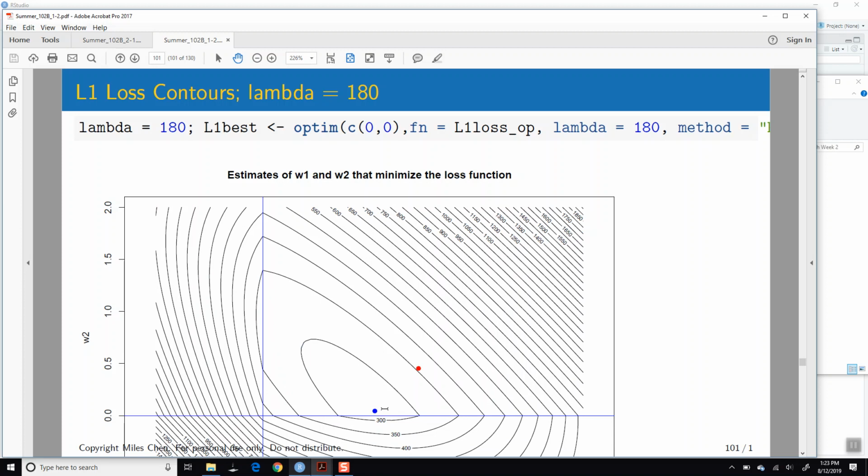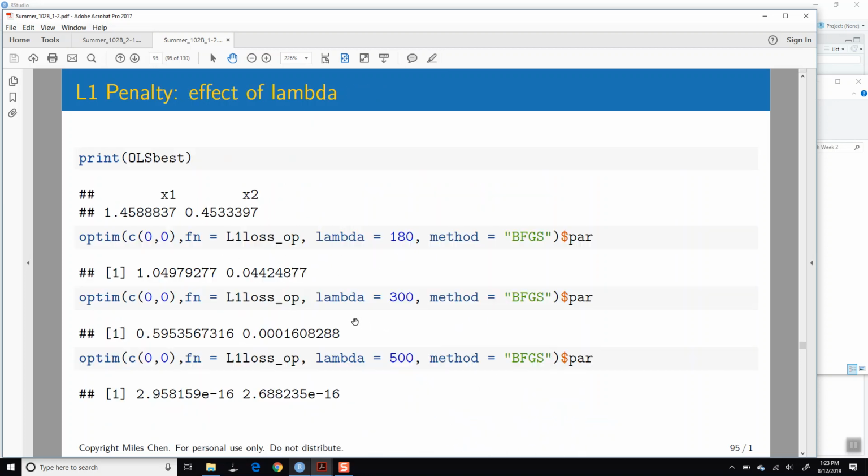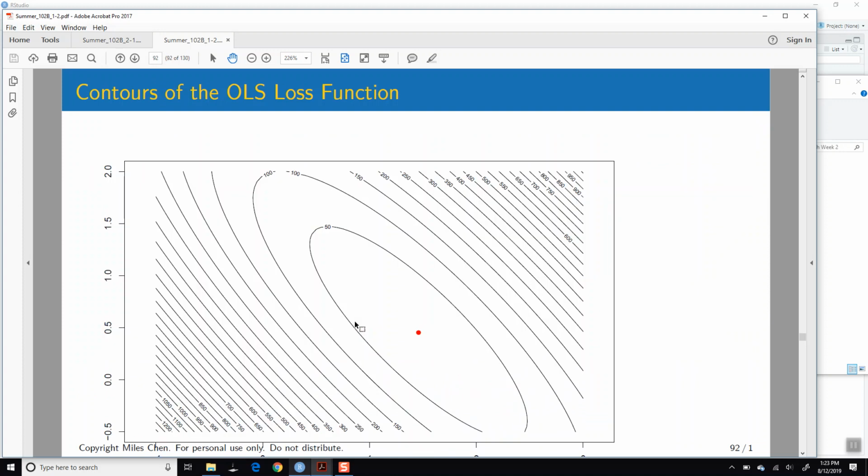What we're seeing is the loss function if I add together the squared residual plus the penalty for the W's, okay? So this is the contour graph that I get when I'm adding the squared residuals and the penalty for the loss. So the original thing, when we're only looking at the squared residuals, we have these nice oval shapes, okay?